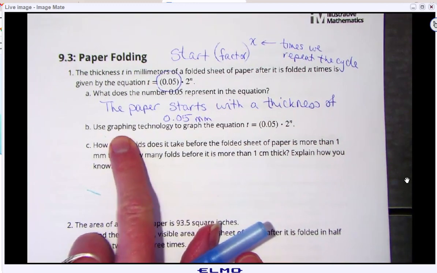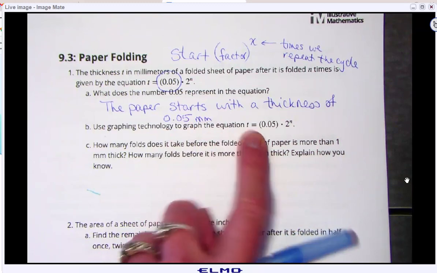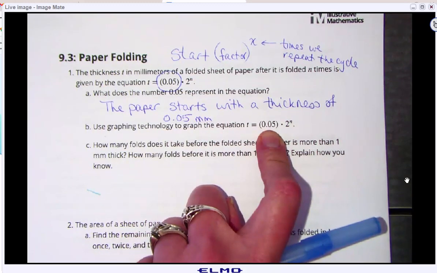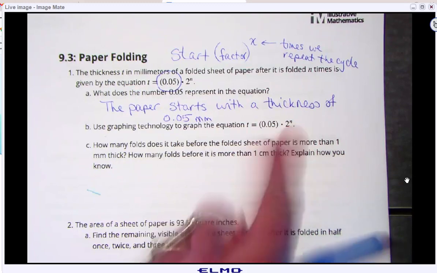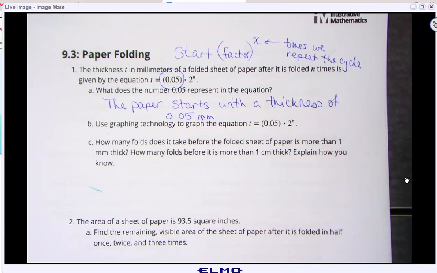Now part B asks us to use graphing technology to graph the equation T equals 0.05 times 2 to the n. You can do this on your graphing calculator if you're here in class and have that. I'm going to show you how, but we can also use Desmos.